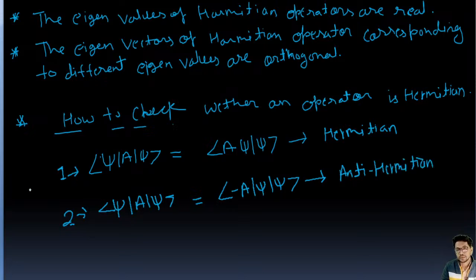Very important question. So we have to check whether the operator is Hermitian or not. We'll use this condition and solve it. If we get this equal to this, then it is Hermitian. If the value of this is minus this, then it is going to be anti-Hermitian.